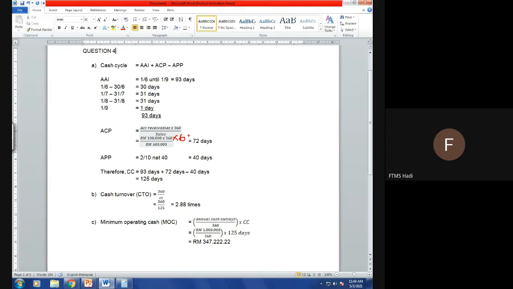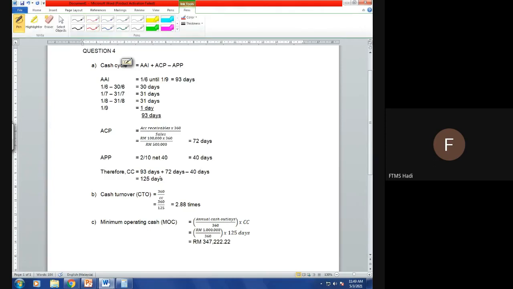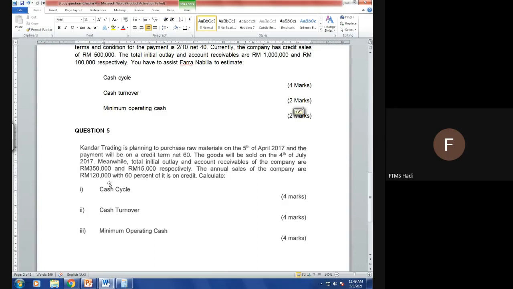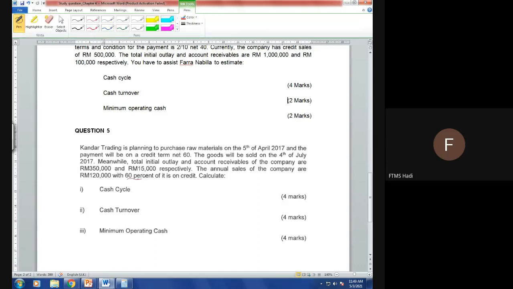Credit sales, multiply by 60%. This is applicable for this one only, the question that has 60%.